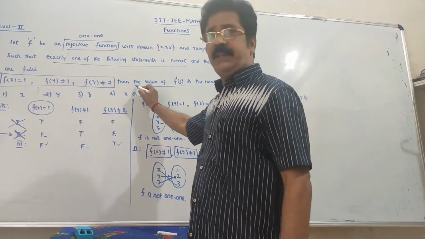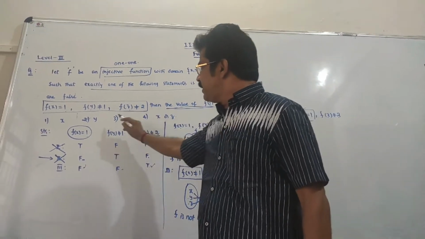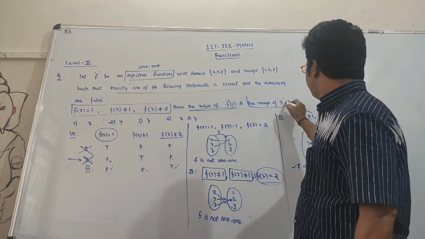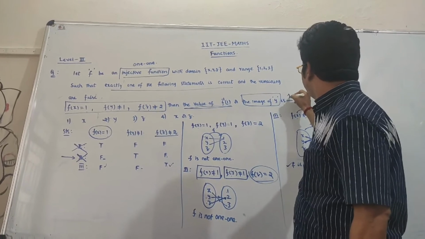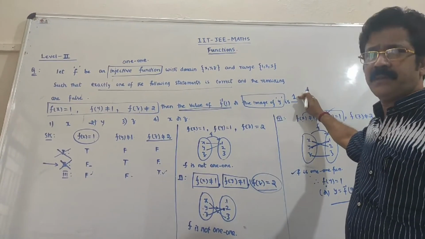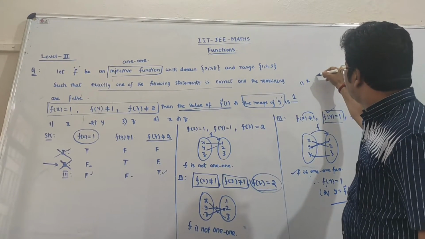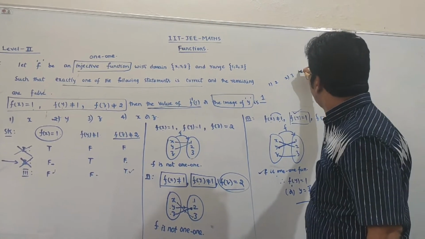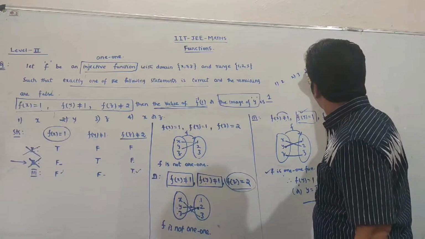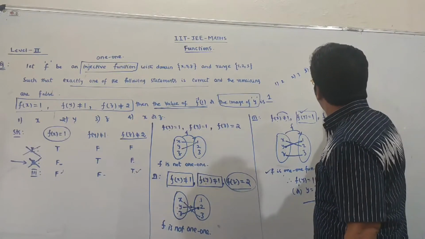Actually, if the question is the value of f inverse of 1, then the second option is right. If the question is what is the image of y, then the answer will be 1. So in this case, options may be different. For example, first option 2, second option 3, third option 1, fourth option none or not exist.